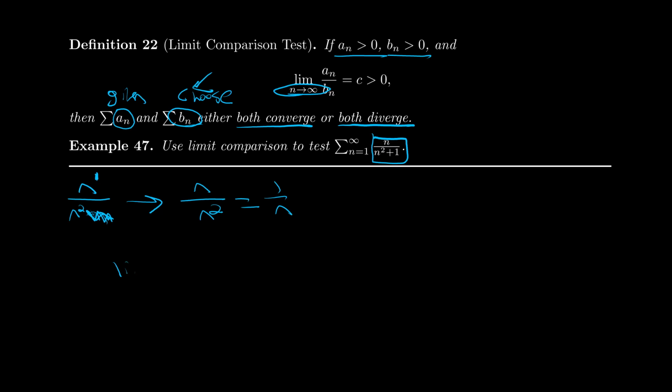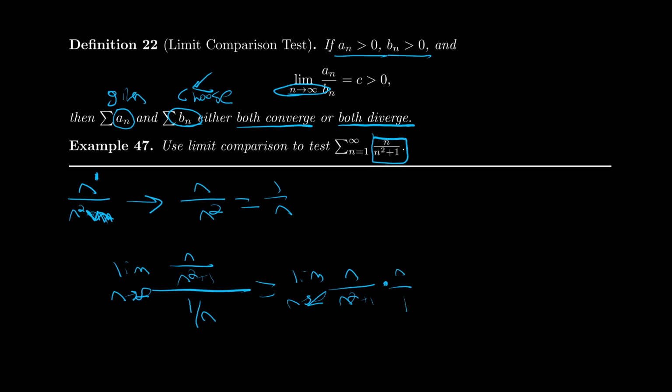Let's do the test. By the limit comparison test, we do the limit as n gets real big of our a sub n. That's the thing we were given. n over n squared plus 1, divided by what we're comparing against, 1 over n. This is the limit as n goes to infinity of, change flip, so keep the top, plus 1, change the middle division to a multiplication, and then multiply by n over 1.